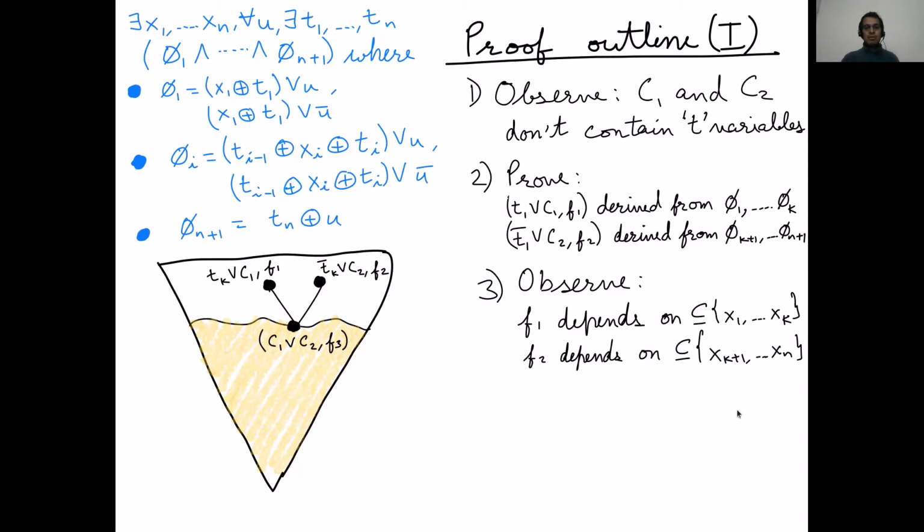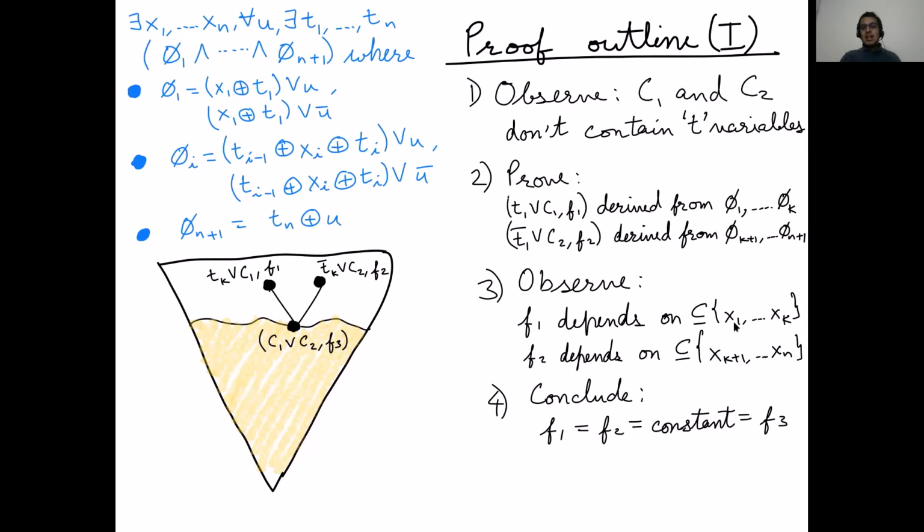Similarly for f2. Now since the pivot of the resolution is a t variable which is to the right of u, both the functions f1 and f2 have to be the same function.